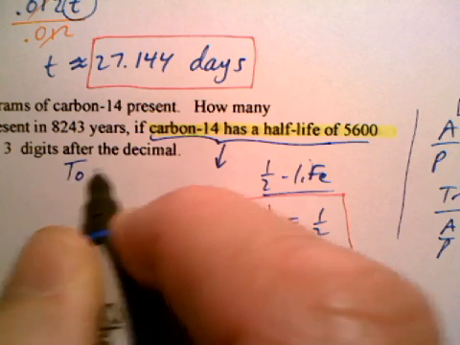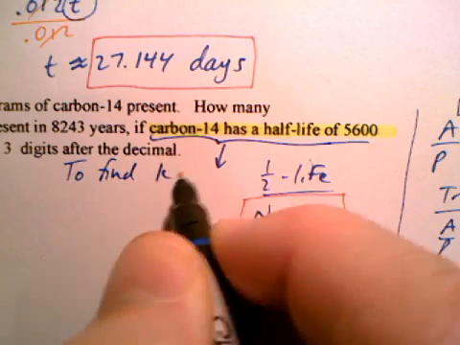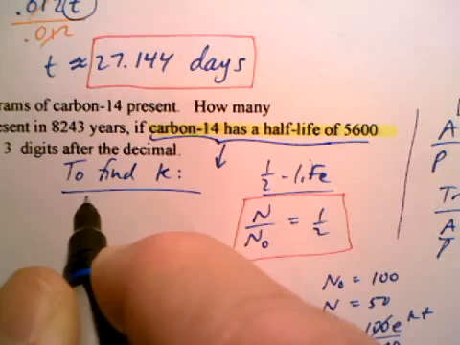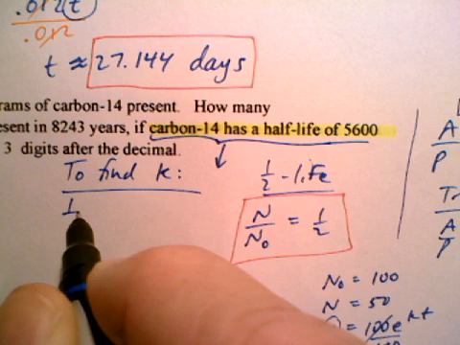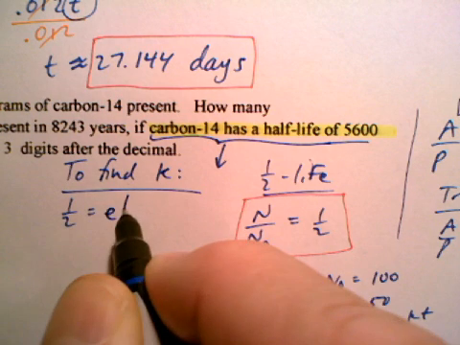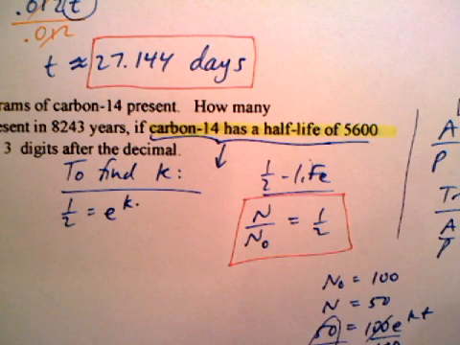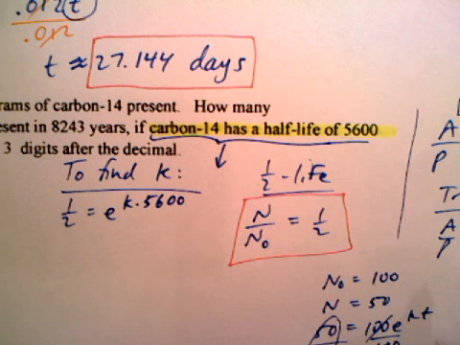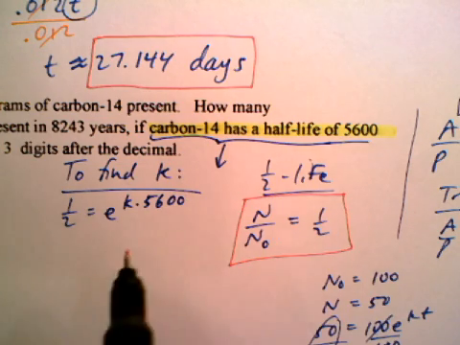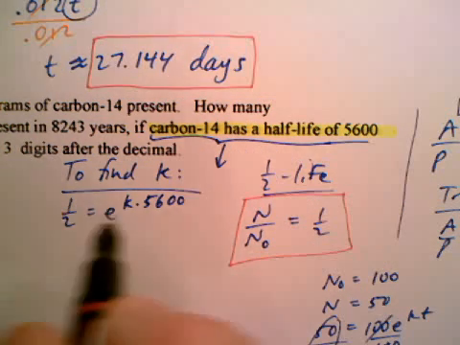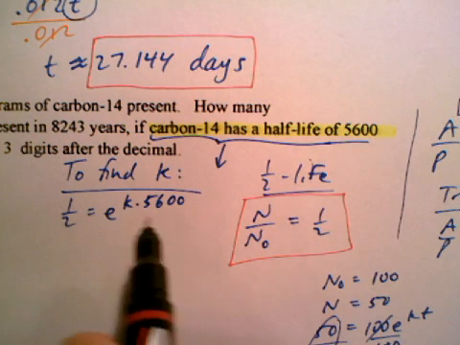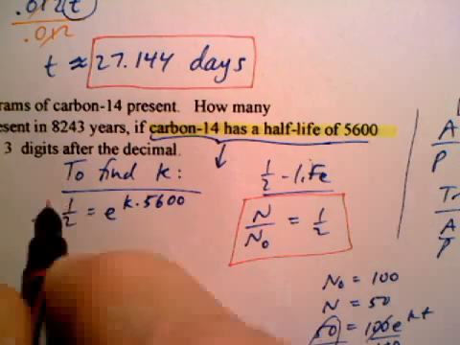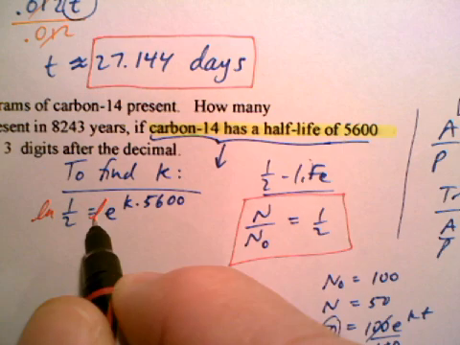So first thing you want to do is find K. Use the half-life formula. Half-life equals e to the k times whatever the half-life is, and the half-life is 5,600. There may be a formula in your book for the half-life, but it's easy to figure out K from this concept.